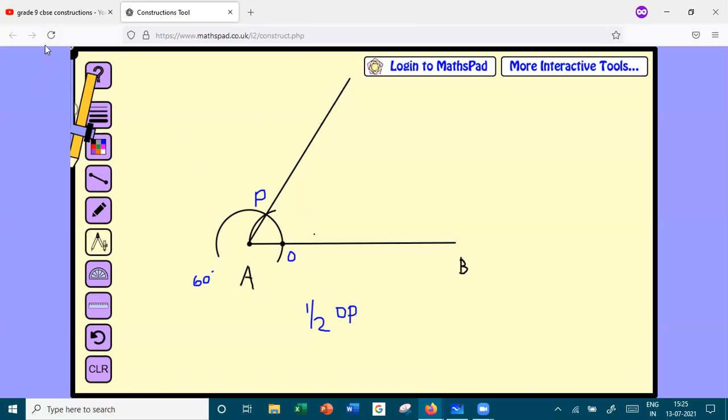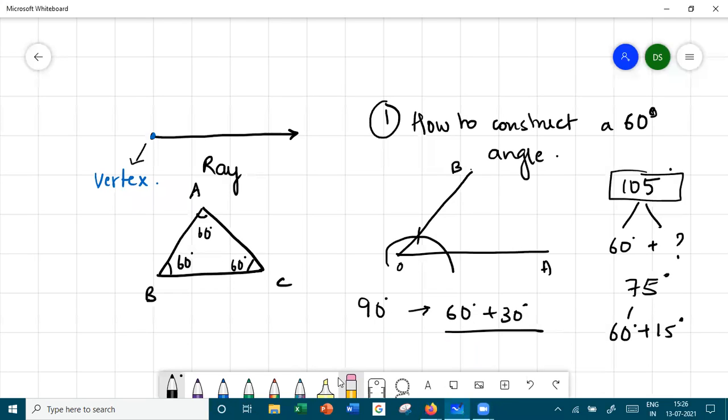Okay, this got stuck. Let me reload it. Okay, till then let me show you the points here. I don't think my idea of showing you that tool is working out.